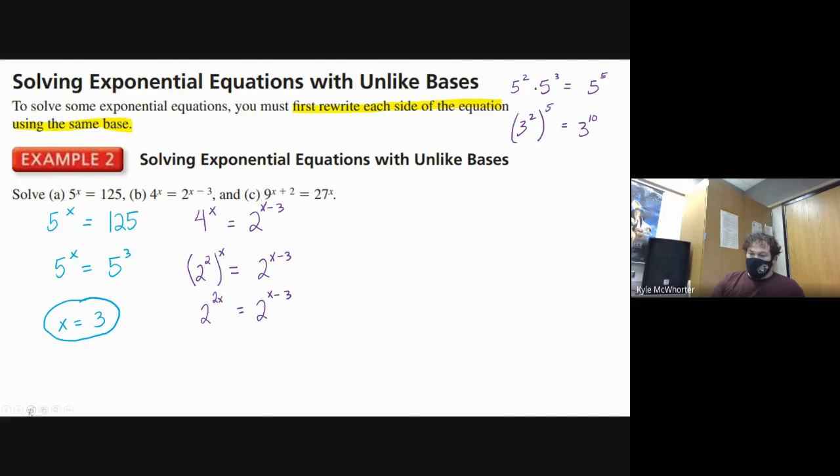And now that we have same bases, we can set the exponents equal to each other, just like we had over here. Same bases, set the exponents equal. So I'm going to say, all right, then 2x has to equal x minus 3.